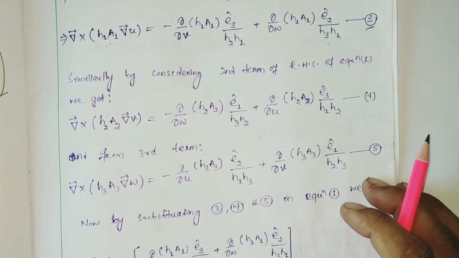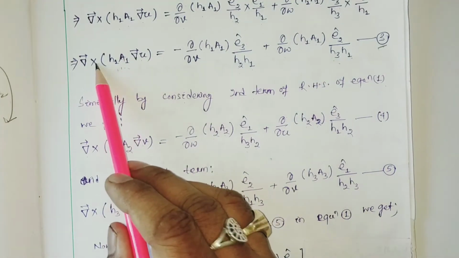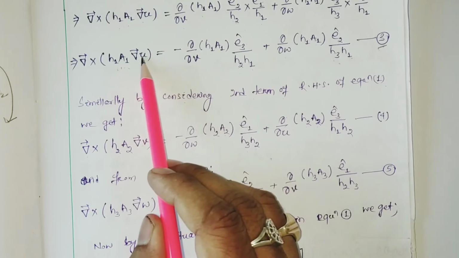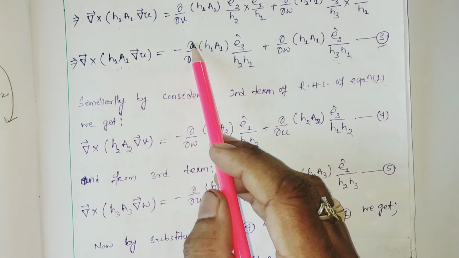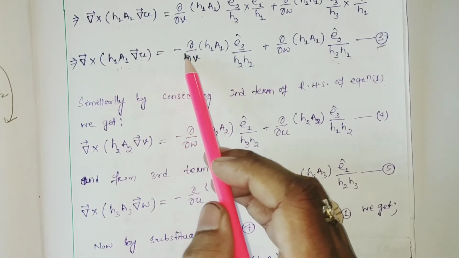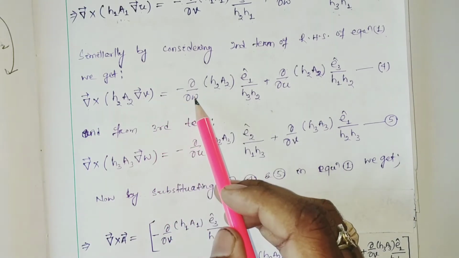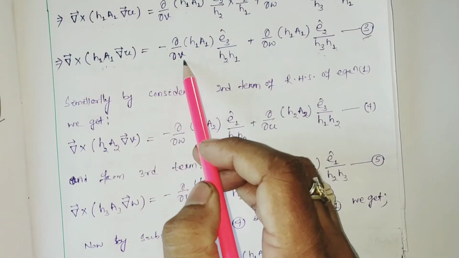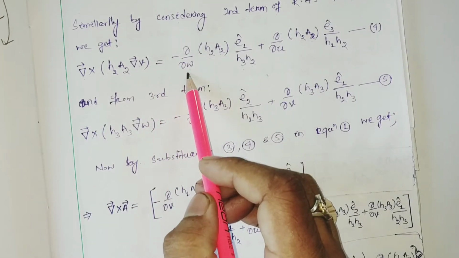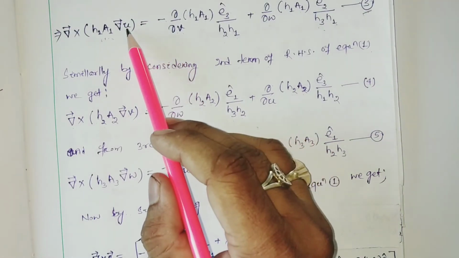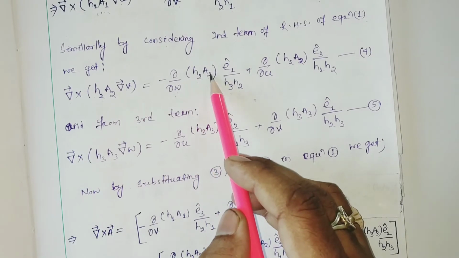So how can we remember this term? Here you can see del cross, here del U is there. When U is there, the first term will be minus del by del V. Likewise here del cross del V is there, meaning minus del by del W. So U after V, here V after W. So minus del by del W will become. Here U means H1 A1, V means H2 A2, right?